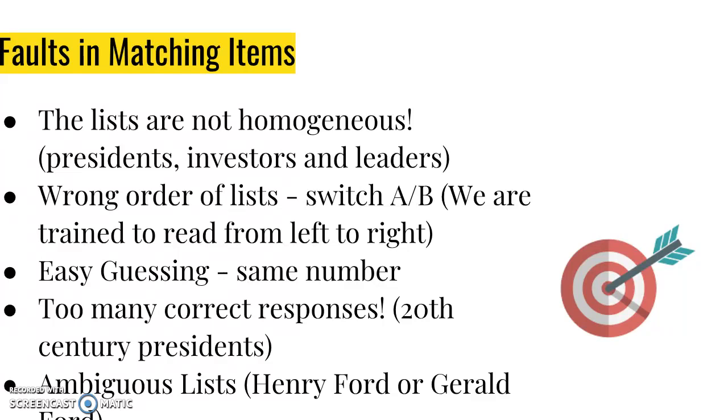We're trained to read from left to right. Easy guessing: it's the same number, so kind of process of elimination. There are too many correct responses, right? The 20th century presidents could be more than one. And then ambiguous lists: Henry Ford, General Ford. Want to be as clear as possible.